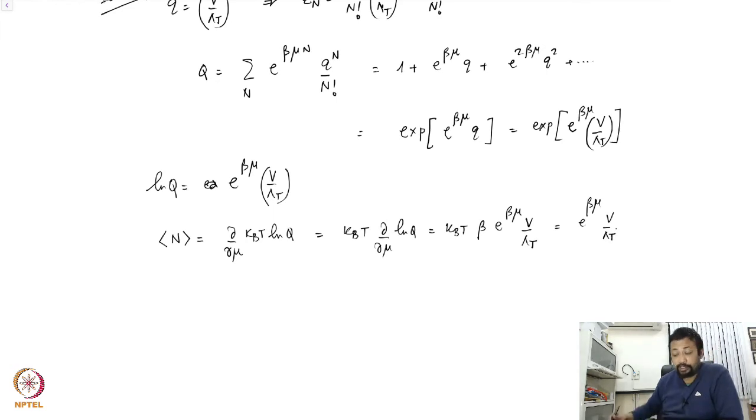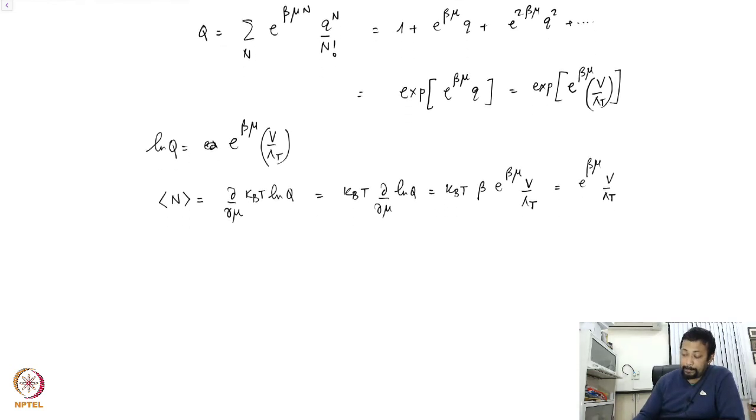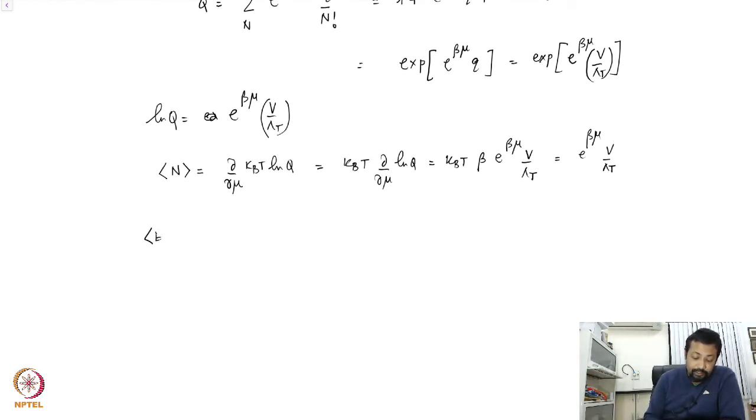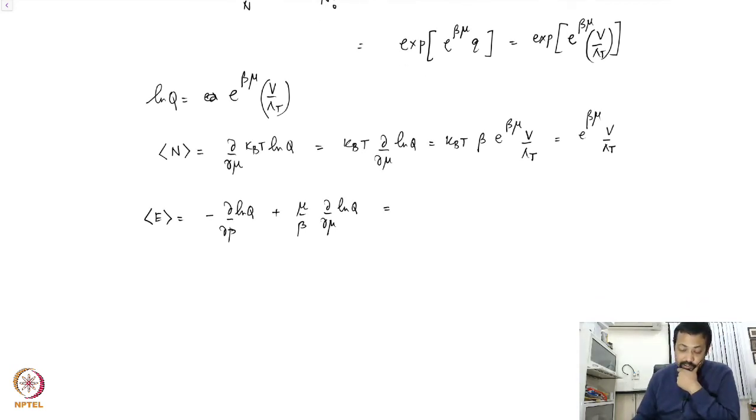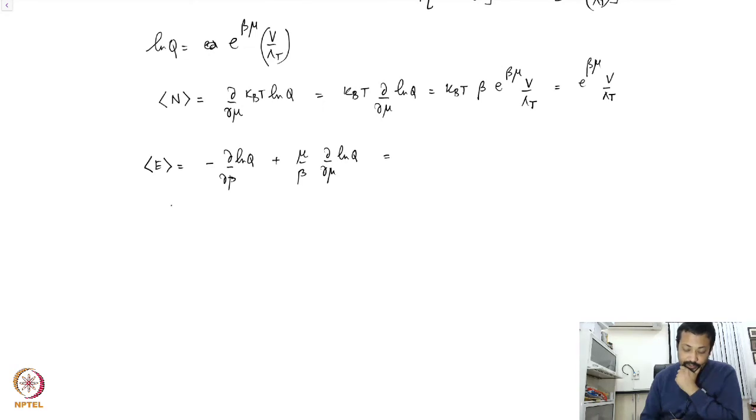So the average particle number is given by e to the power beta mu V over lambda t. The average of the energy was minus del beta of ln Q plus mu over beta del mu of ln Q. Now this is where things are going to get nasty, but we will see. So del beta, let's do it very clearly.